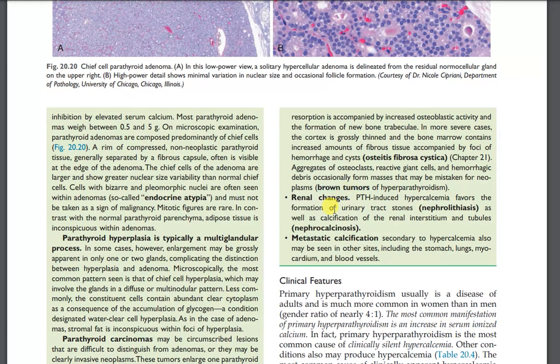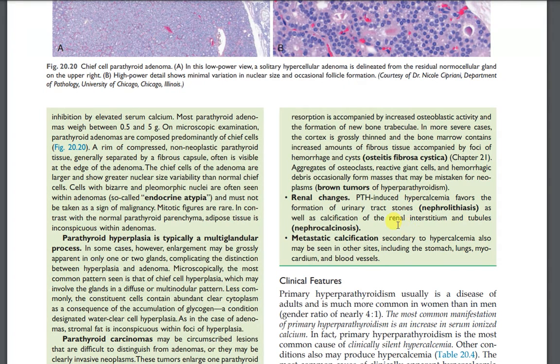These stones can obstruct the urinary flow, and that can cause hydronephrosis, typically when the stone goes out. About kidney pathology we'll discuss in another semester. So the stones commonly happen.